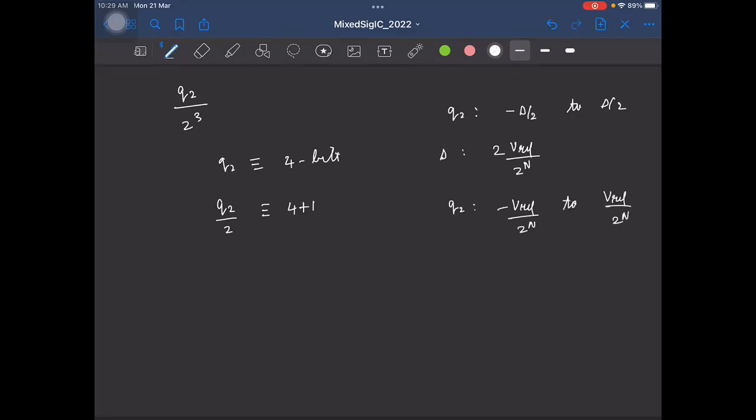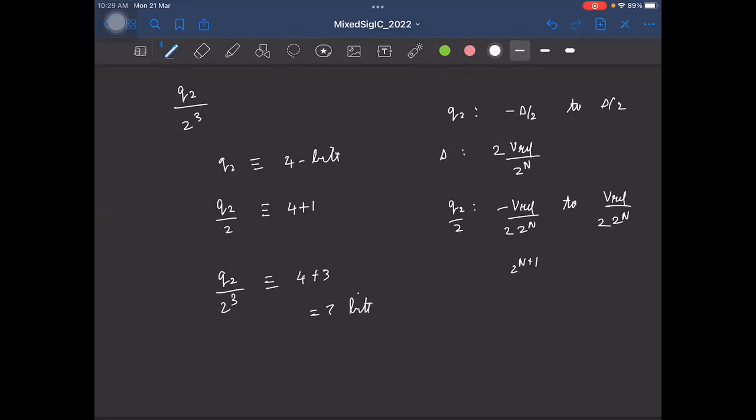Is that fine? Now I'm saying Q2 is divided by 2, which means even this range will be divided by 2. So from this you can clearly see, right? This is essentially 2 power n plus 1. Okay. So from this, can you say what does this correspond to? 7 bits, right? It's 4 plus 3, total of 7 bits.